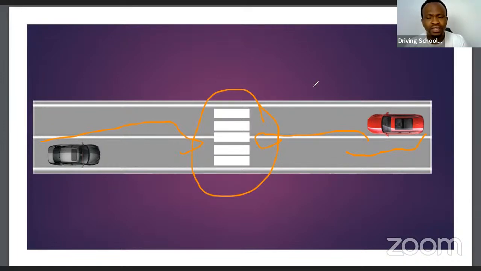You are going to see this kind of question. They are not going to refer it only to attraversamento pedonale. They might also refer it to passaggio a livello, dopo o prima della curva, dopo o prima del ponte.